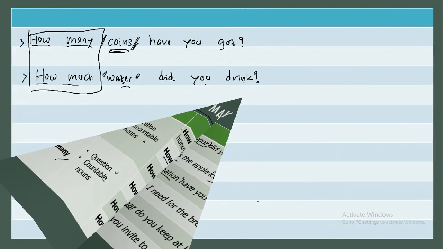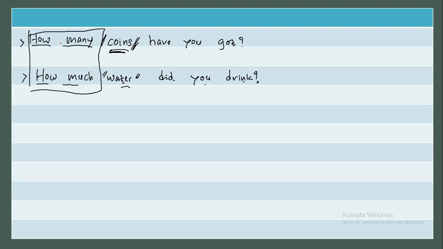Okay, now let's see here. For example, I've provided this one. Imagine if you don't have this in the context first. There's a question saying, blank coins have you got? Or blank water did you drink? So we have to see the subject before we answer such questions. Coins are countable, so that's why we use how many, not how much.